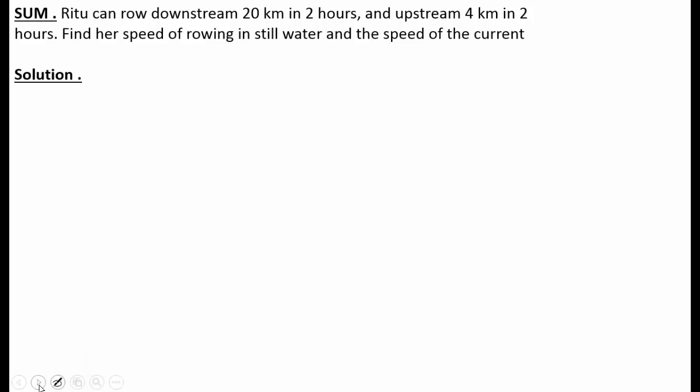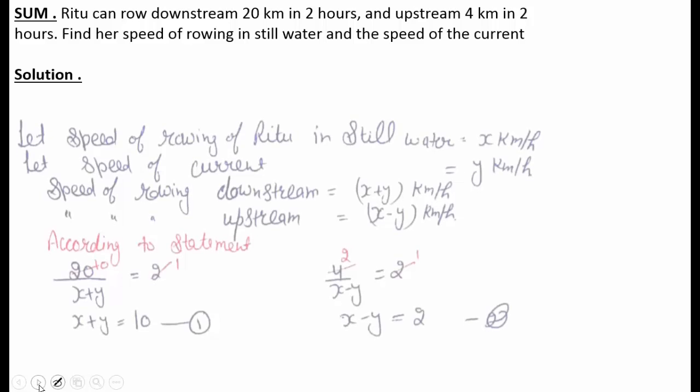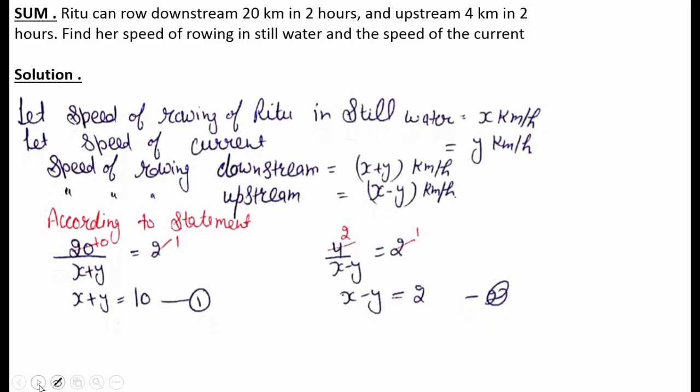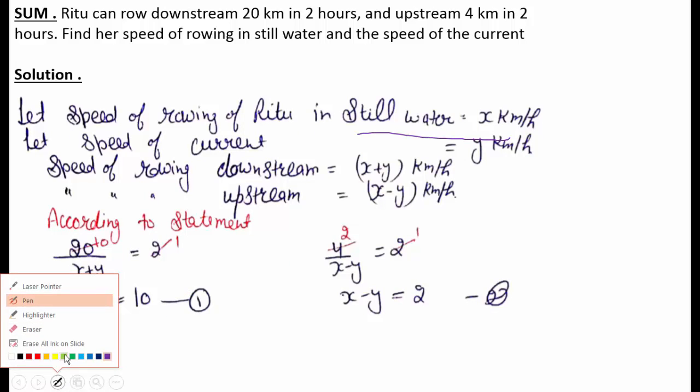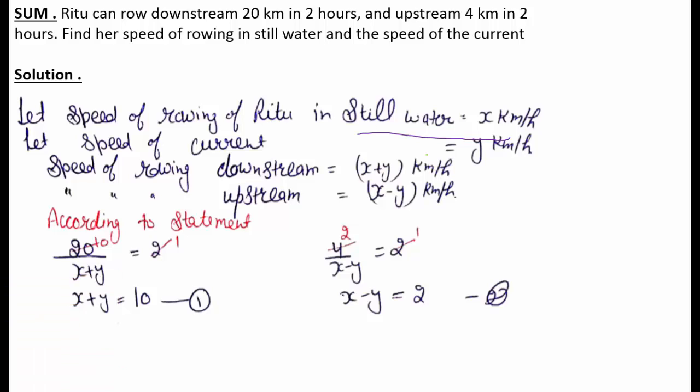First of all, we are asked to find the speed of rowing in still water and speed of current. So assume both the speeds. Let the speed of rowing of Ritu in still water be x kilometer per hour, and the speed of current is y kilometer per hour. Now you know that there will be two cases.